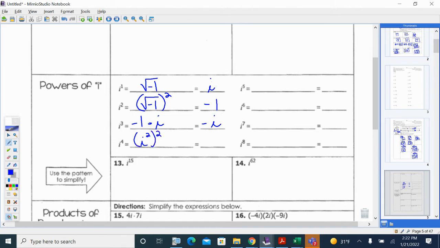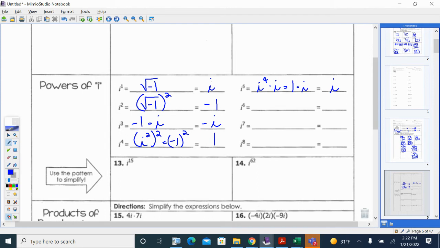Well, we know that i squared is -1, and when we square that, we get a +1. Now, here's where it gets interesting. When you get to i to the fifth power, i to the fifth power is the same thing as i to the fourth times i. Well, i to the 4th is 1, and i is just i, so we get a positive i again.